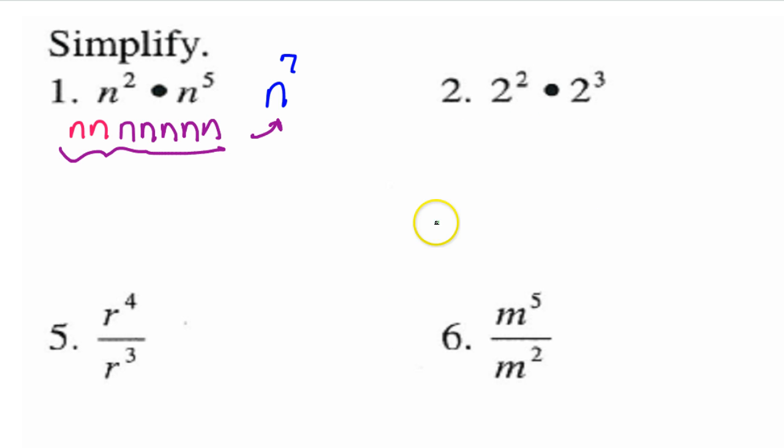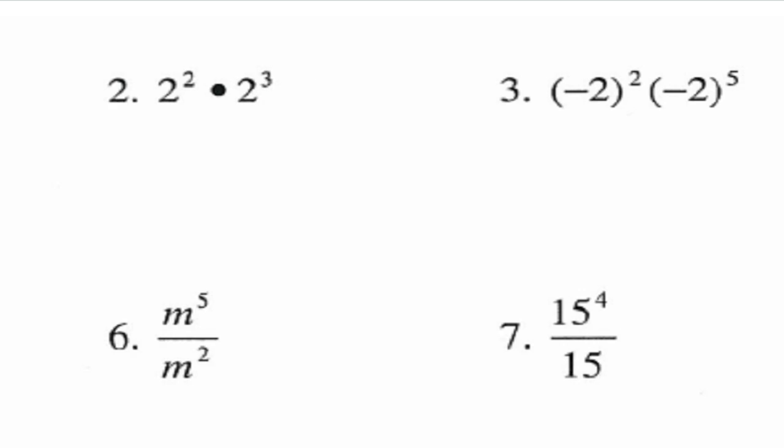That will help you not make the mistake that students like to make on problem number 2, where they want to go, well, 2 times 2 is 4, so maybe they put 4 to the 5th power or something like that. Can't tell you how many times I've seen that. That is nonsense. This is going to be 2 to the 5th power.